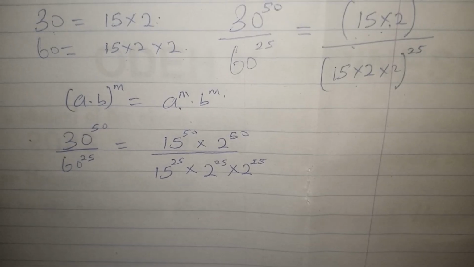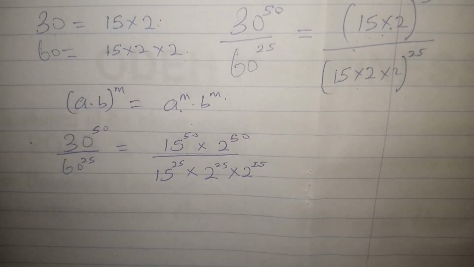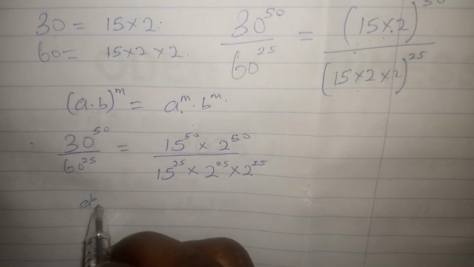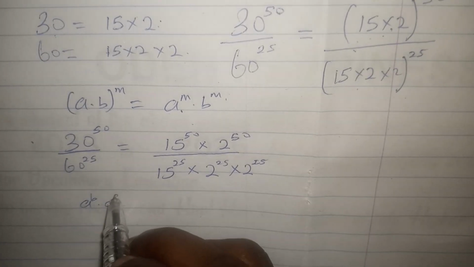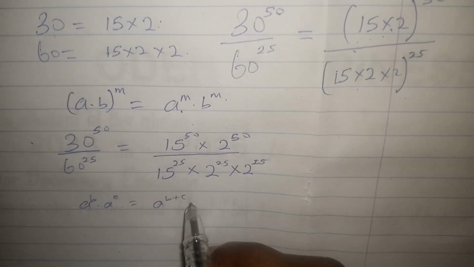From here, what are we simply going to do? We are going to apply a rule which says if you're having a to the power of b times a to the power of c, it is also equal to a to the power of b plus c.